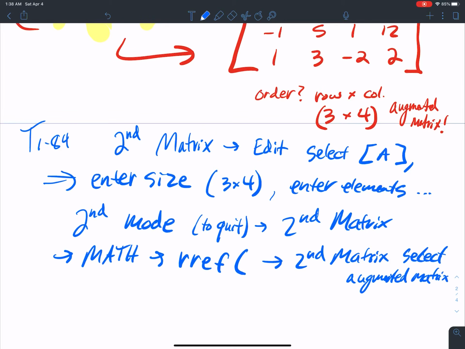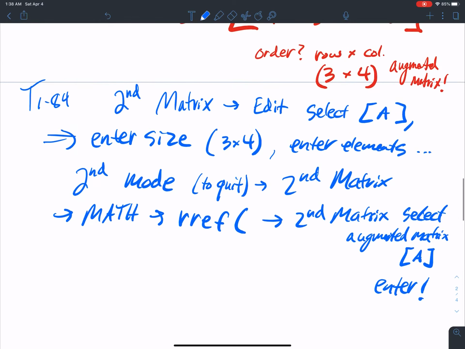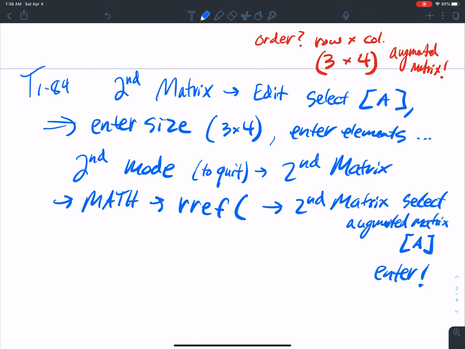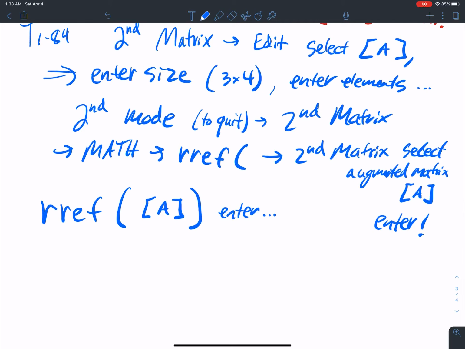You should have put it in A, right? So if you put it in A, select that one, and then hit enter. What you should see is RREF on your screen, and then you can put the A in, close your parentheses, and hit enter, and it does the work for you.